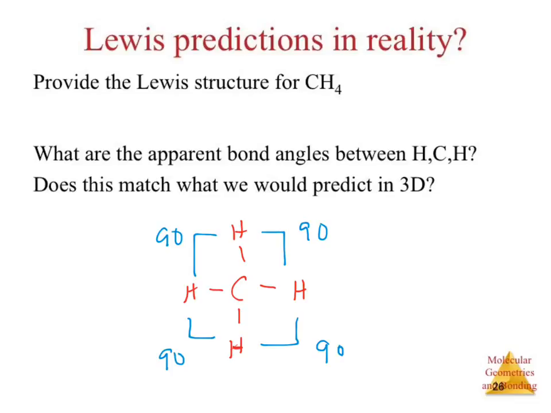There is one bond angle I did not reference yet. What is the bond angle between those hydrogens? 180. Are all of these bonds equally distant away from each other? No. Lewis structure fails at representing the proper electron origins.